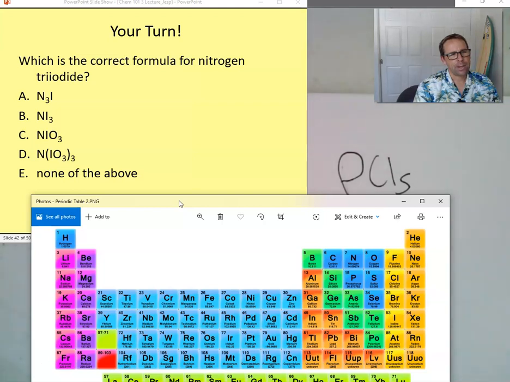NO3. Nitrogen trioxide? No, this isn't nitrogen trioxide. This is nitrogen triiodide. What is iodide? Look at element 53.